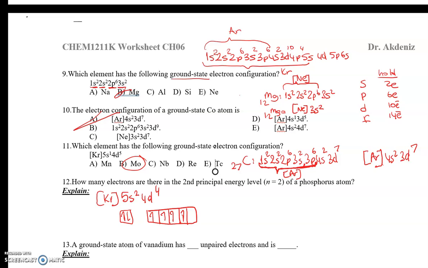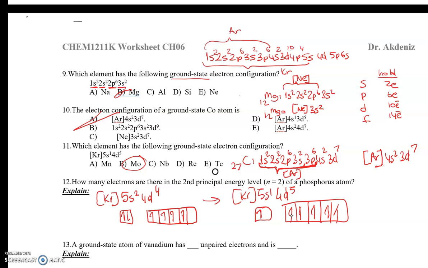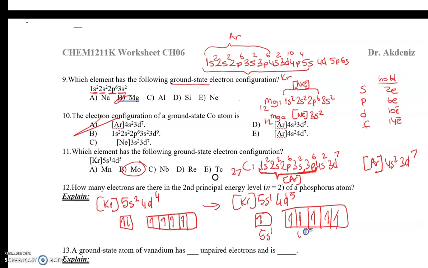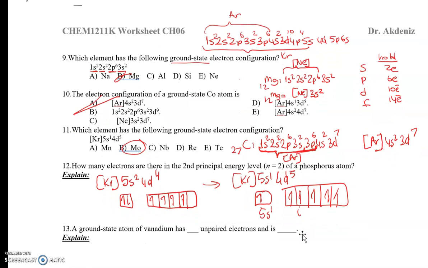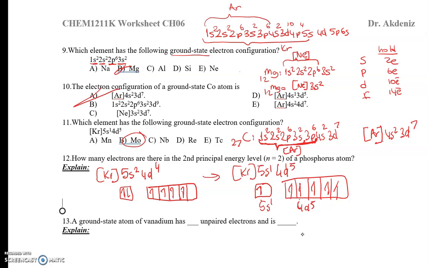Here, this atom needs just 1 electron to get half filled. So instead of getting an electron, this atom will reorganize the electrons. It's going to have krypton 5s1 4d5. So the 5s is half filled, still happy, and the d orbital will be half filled as well, so happy.